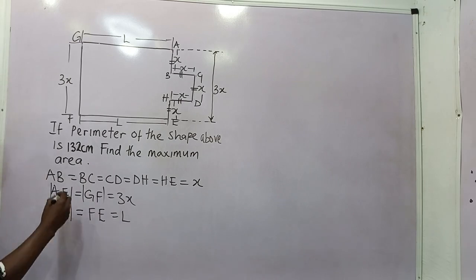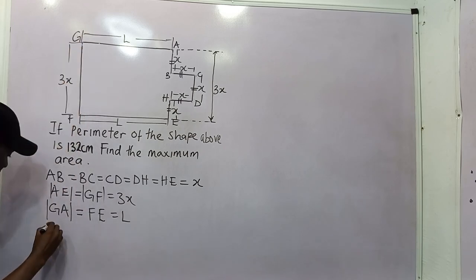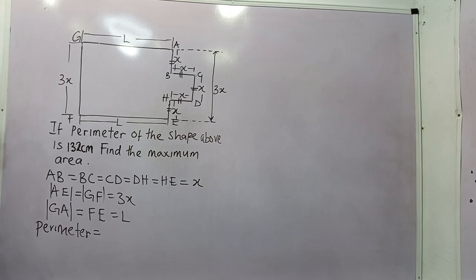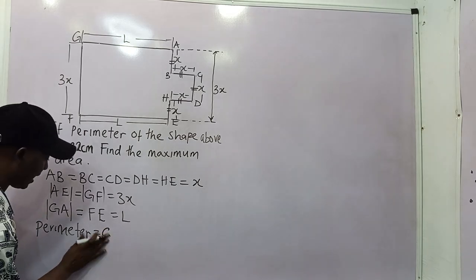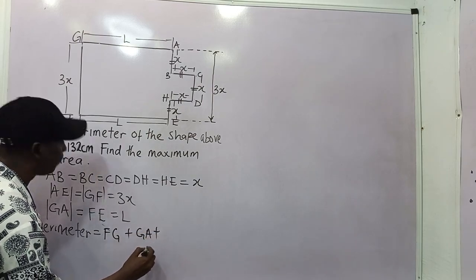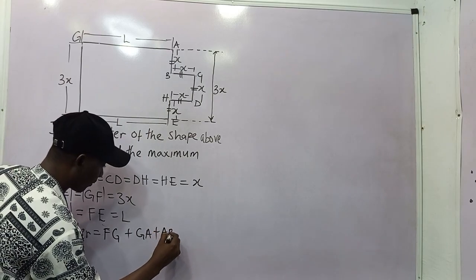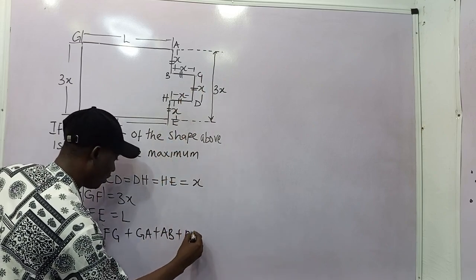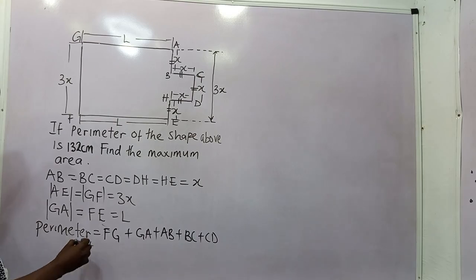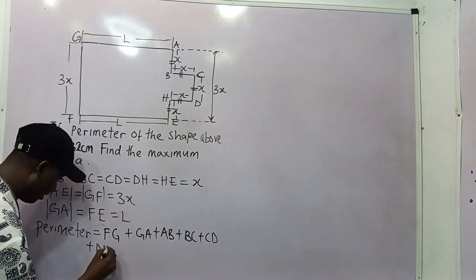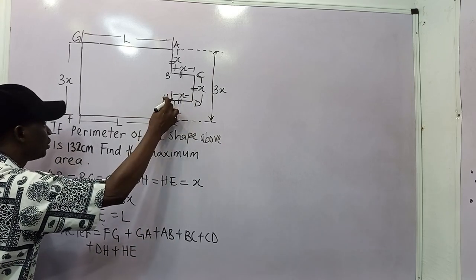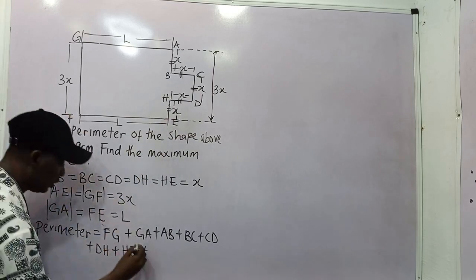So in that case, let's start from here. The perimeter for this shape is equal to FG plus GA plus AB plus BC plus CD plus DH plus HE, lastly plus EF.